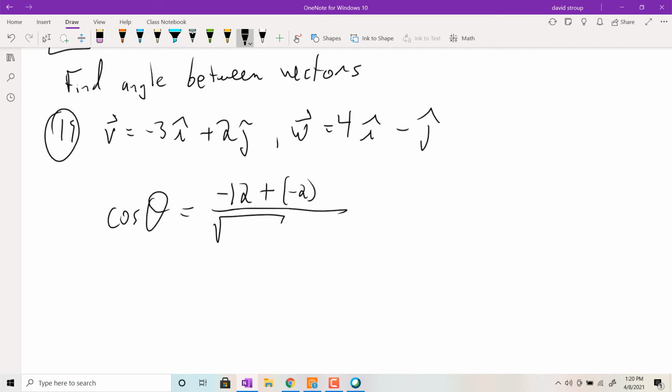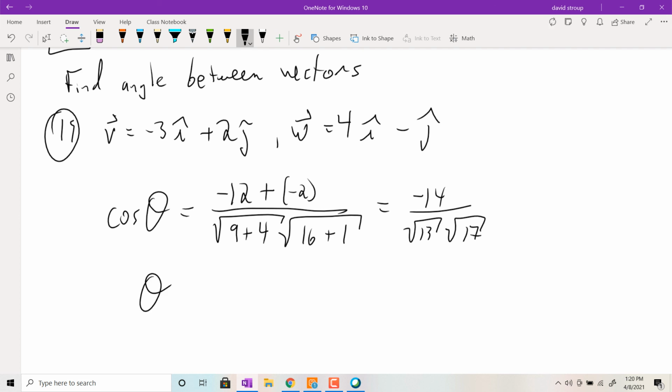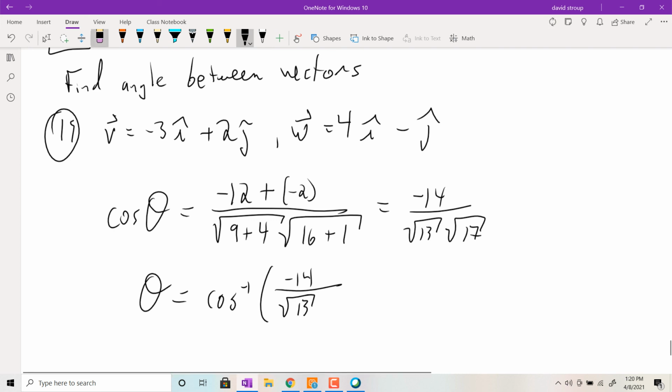So square root of negative 3 squared is 9, plus 2 squared is 4, times 4 squared is 16, plus negative 1 squared is 1. Okay, so I get negative 14 over the square root of 13 times the square root of 17. Then theta will be cosine inverse of that. Whatever square root of 13 times 17 is, 221, I think.